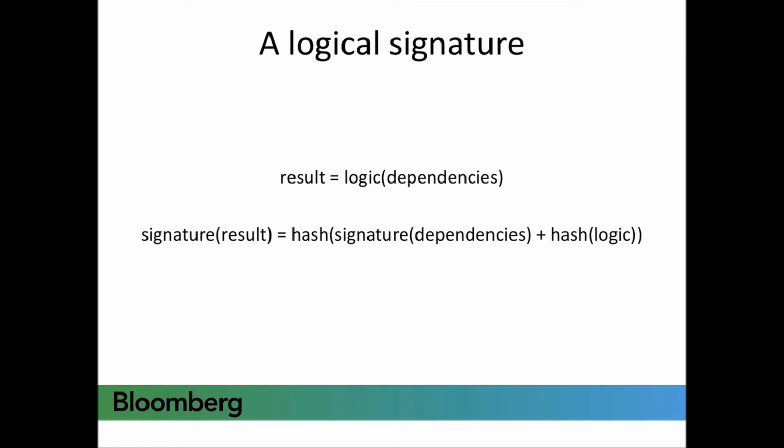The point is, if we run this in a new execution and things come up the same, with the same signatures, we know we've already been here before. We have made this computation before, and we can resume it. And if we come up with something different, we know that this is something fresh.